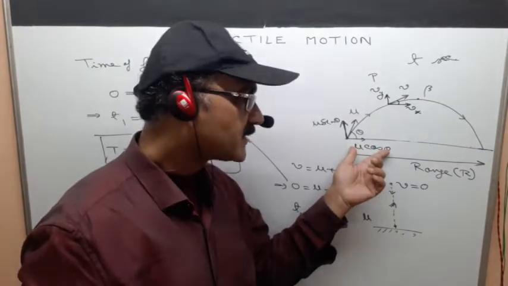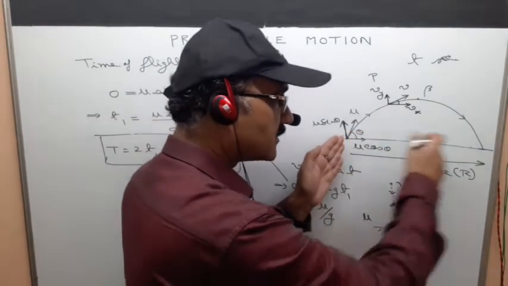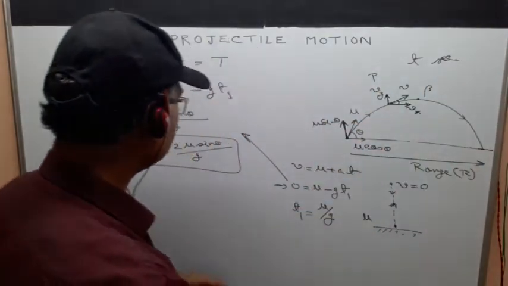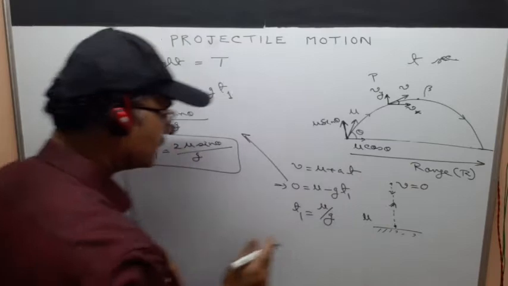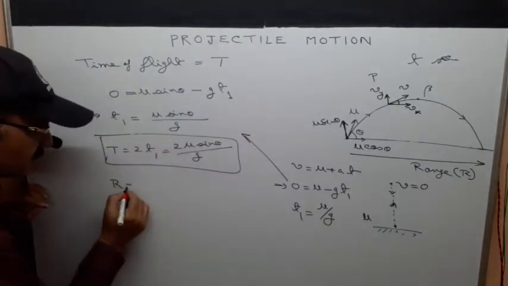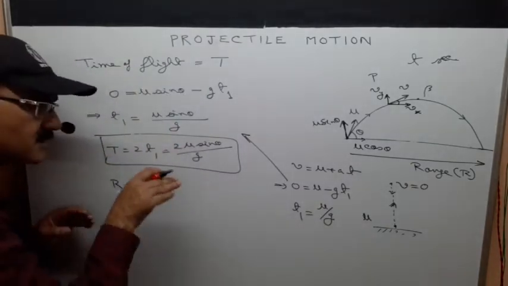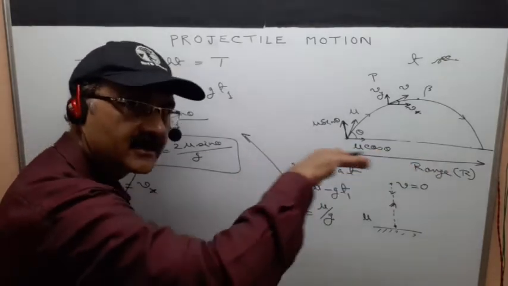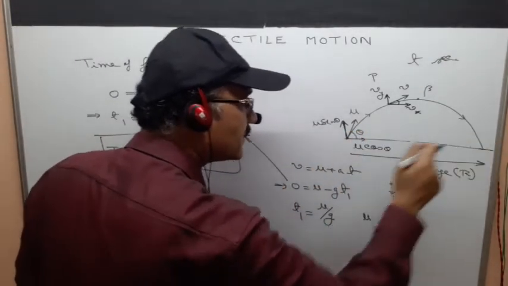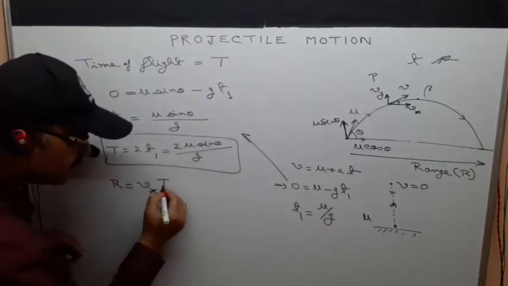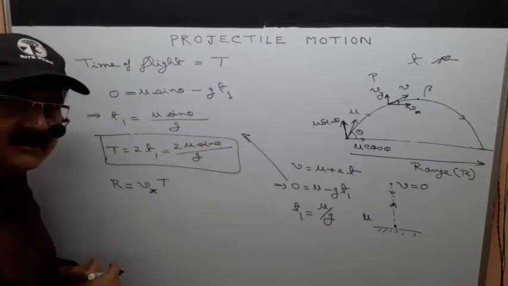So with this velocity, it moves to the right for a time of this much. So how much will be R? R will be this velocity in the x direction, multiplied by for how long it is moving? For time T, that is the time of flight.